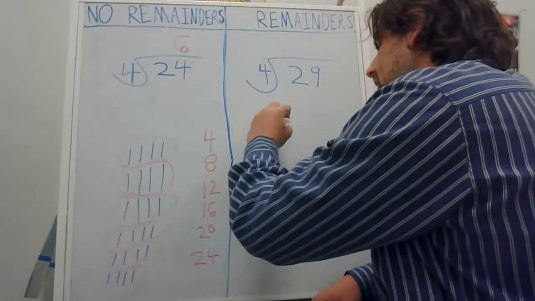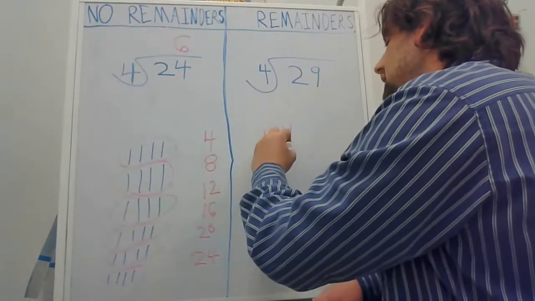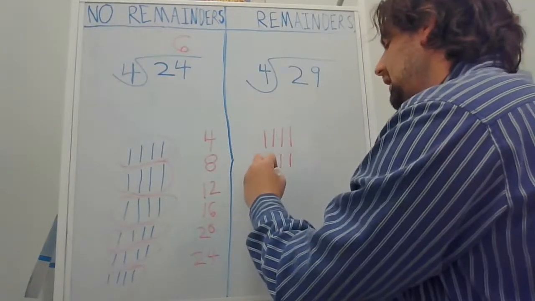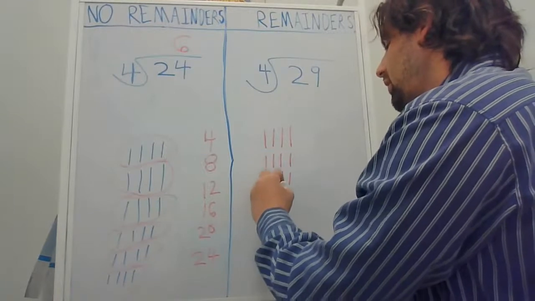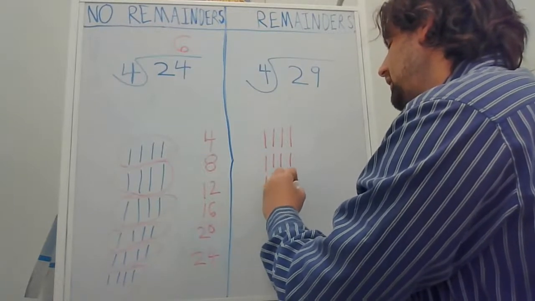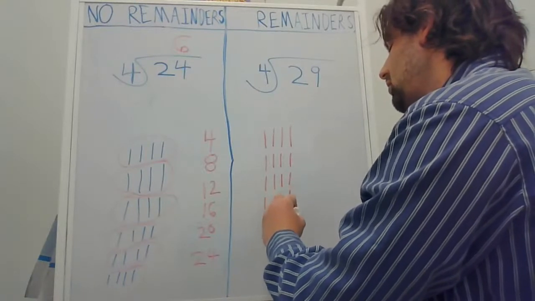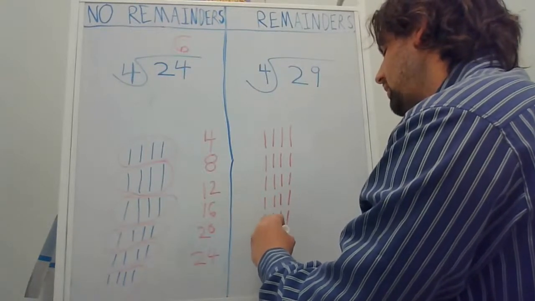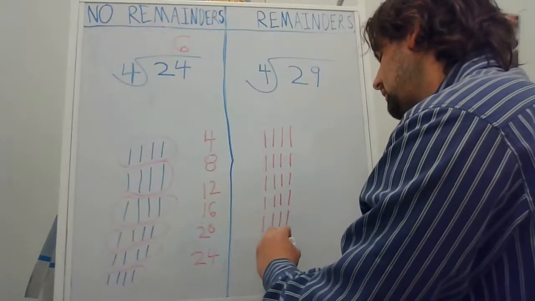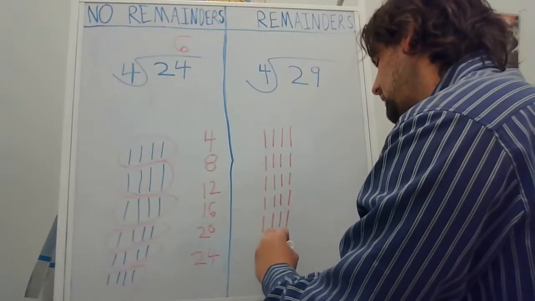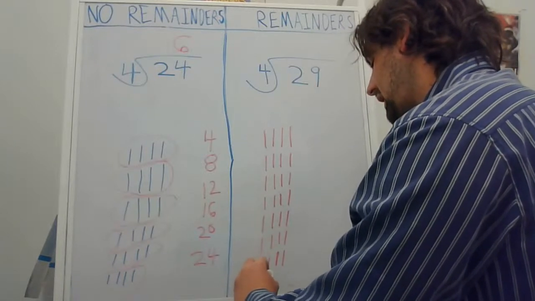Ready? 1, 2, 3, 4, 5, 6, 7, 8, 9, 10, 11, 12, 13, 14, 15, 16, 17, 18, 19, 20, 21, 22, 23, 24, 25, 26, 27, 28, 29.